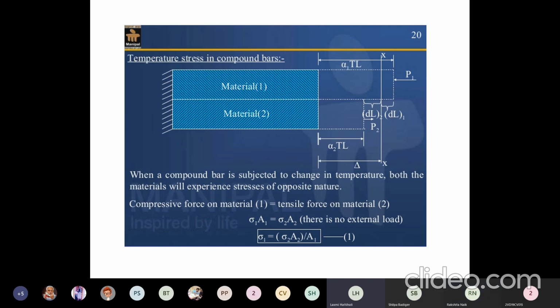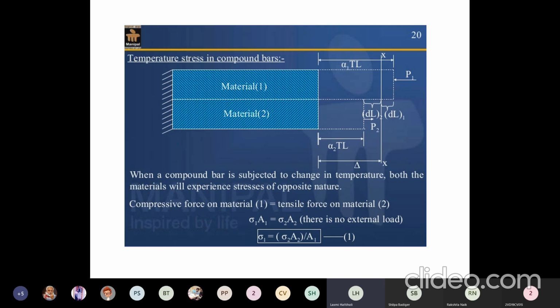Let me tell you another very important concept. In this particular diagram, I should use deformation due to temperature as well as deformation due to axial load. Please understand my concept. In the first material, deformation due to temperature is alpha TL, correct?